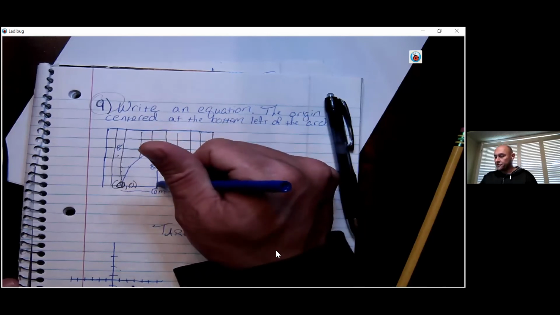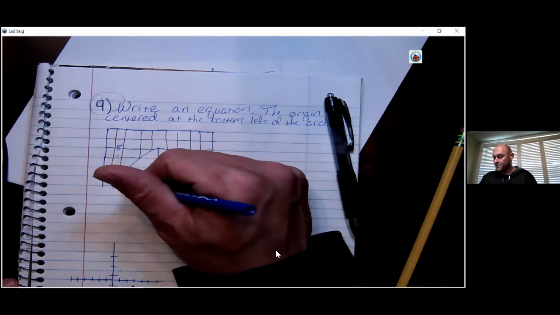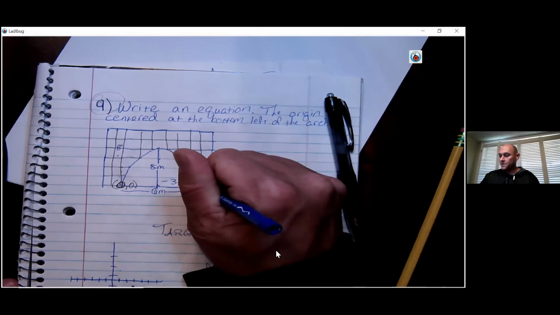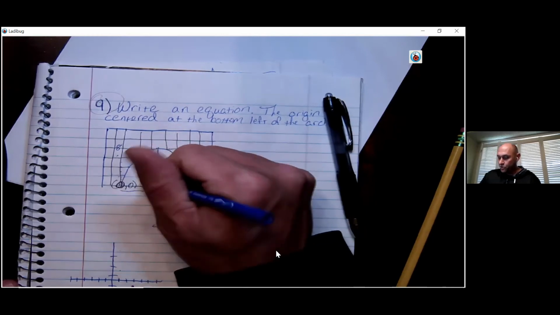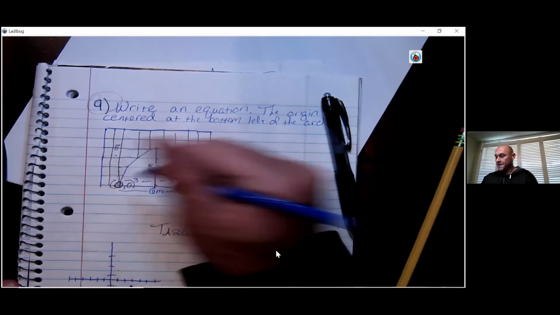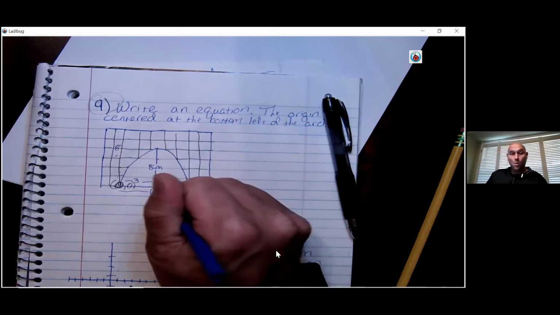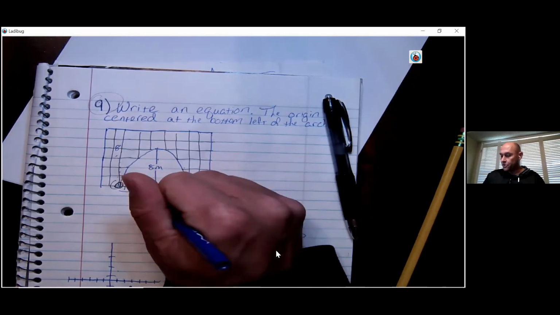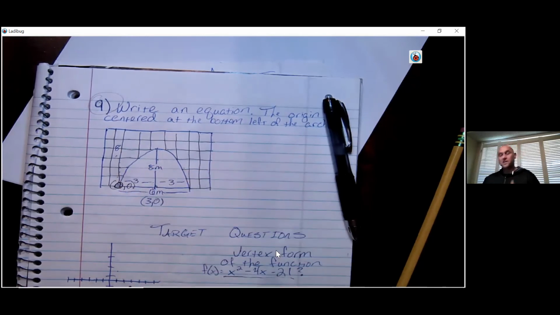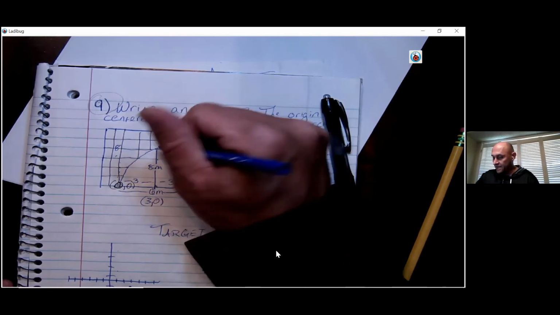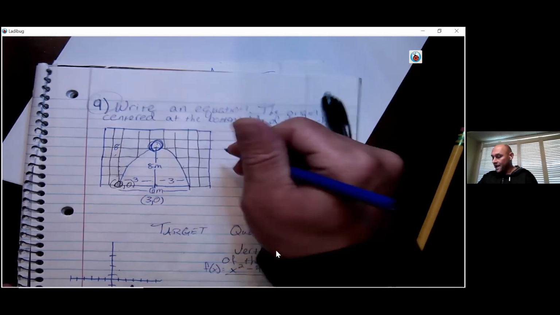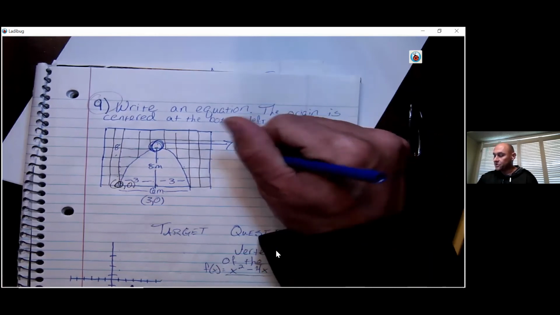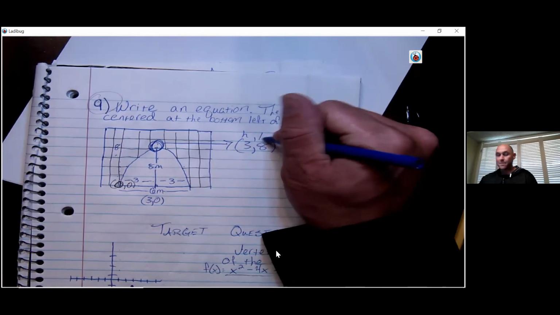So if from here to here is 6, that means from here to here would be 3, and from here to here would also be 3, meaning this point is at 3, 0, giving me my vertex at 3, 8. Now I've got my h and my k.